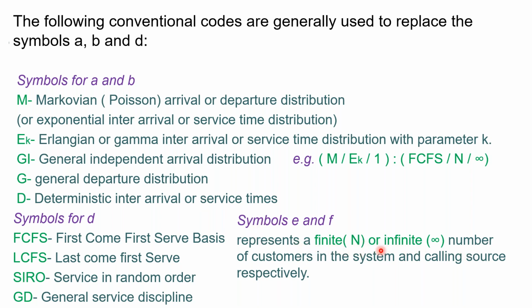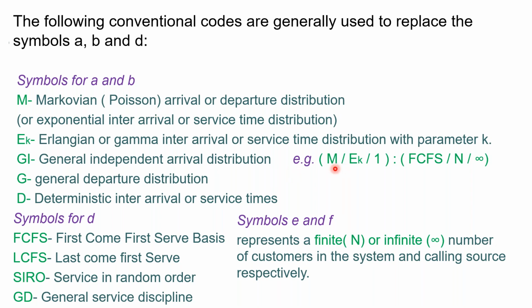of customers in the system and in the calling source respectively. So for example, let's see how a queuing model is represented. This particular queuing model represents that the arrival rate follows a Markovian distribution, or you can say Poisson distribution.